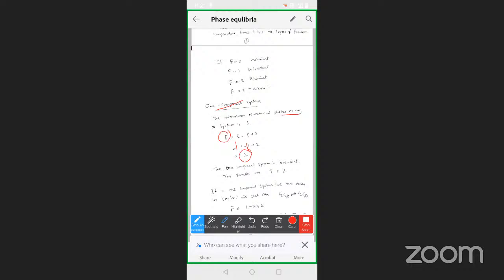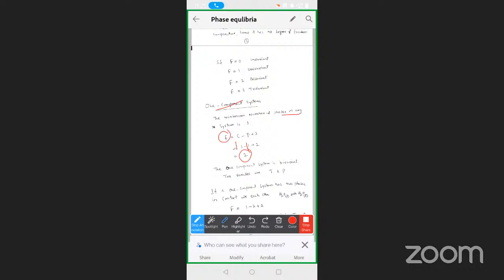Degrees of freedom. So the one component system is bivariant.